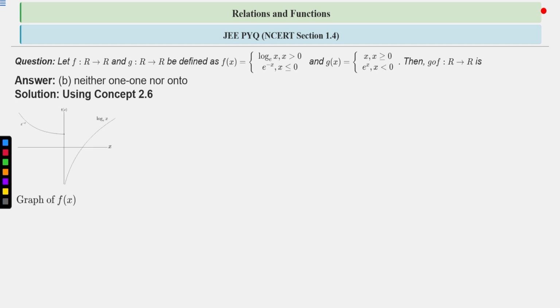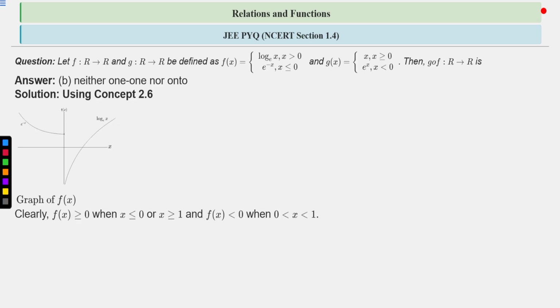For the graph of f(x), f(x) is log x when x is greater than 0, and we know that the graph of log x is like this, and f(x) is equal to e to the power minus x when x is less than or equal to 0, so it will look like that, right?